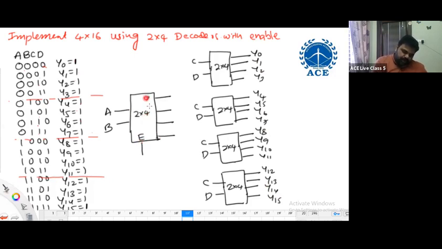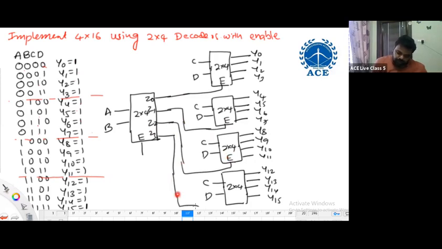Let me say internally we have Z0, Z1, Z2, Z3. Z0 is connected to the enable signal of the first decoder, Z1 to the enable signal of the second decoder, Z2 to the enable signal of the third decoder, and Z3 to the enable signal of the fourth.